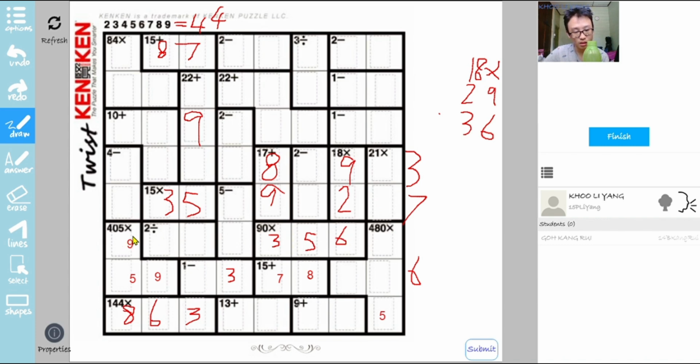Okay. This row doesn't have 7, and 7 cannot be put here and this box. So 7 will be here, and then 7 minus 5 is 2, so 2 will be here.